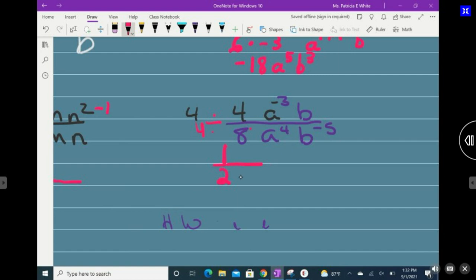What do I have to do with those negatives? Flip it. So that 8 to the negative 3 needs to go to the bottom, and b to the 1 is going to stay up top. Alright, a to the 4 is going to stay at the bottom, and b to the negative 5 goes up top.